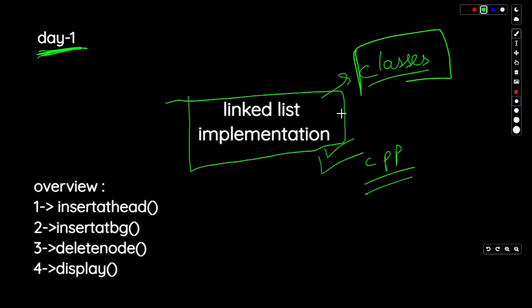But if you have a little bit of an idea of classes, functions, methods, all of these things like OOPS concepts, object oriented programming concepts, you need to understand those concepts. Only then come into this video and you will be able to follow it better. Let me start by telling you what we'll be doing. First of all, we will be implementing a linked list through classes and objects, and after that I'll be making a few functions that I'll be implementing.